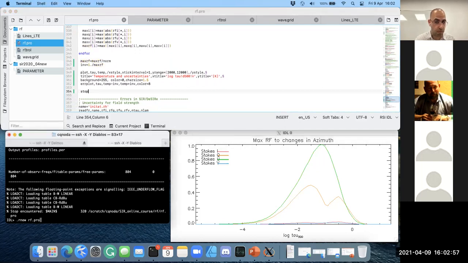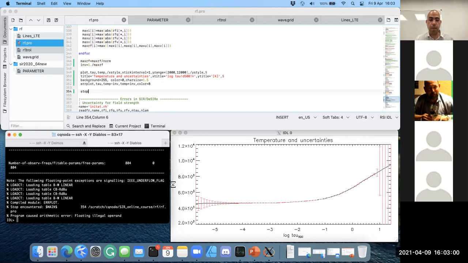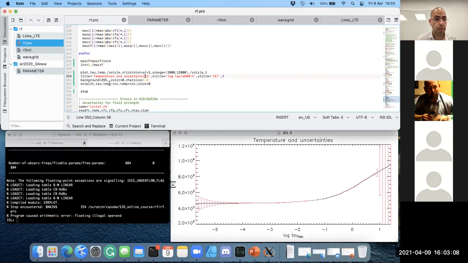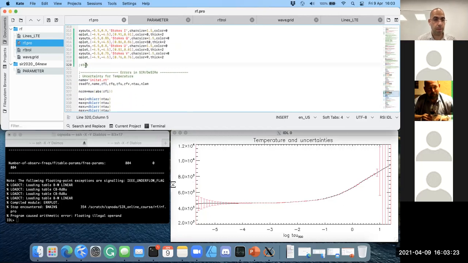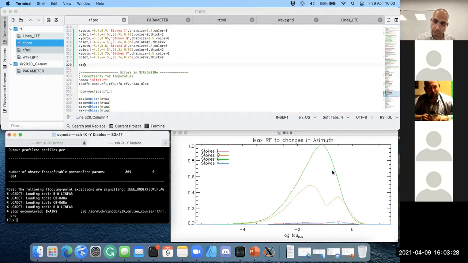Let me see how it looks. Okay, so I'm showing you in black the temperature, and then as an error plot, the amplitude of these bars corresponds to the inverse of this maximum response function. So if I go back, let me put this here to do it slowly. If I divide something by this value, the error will be really high.